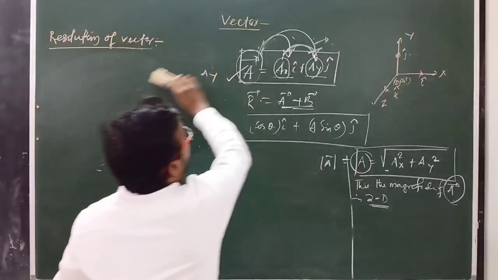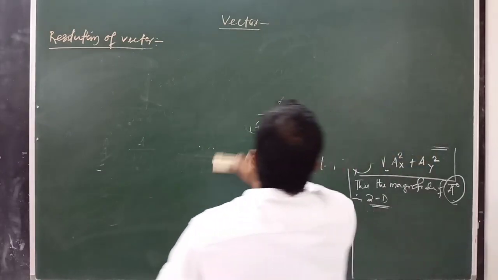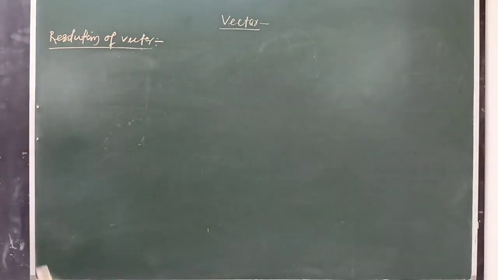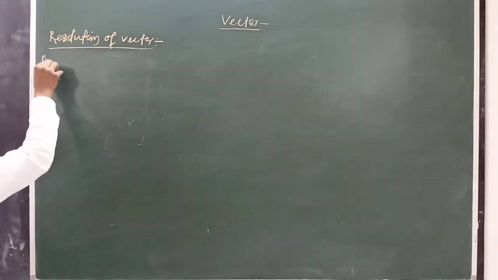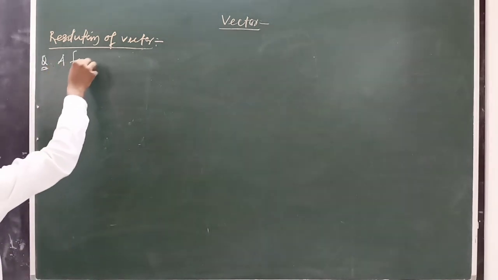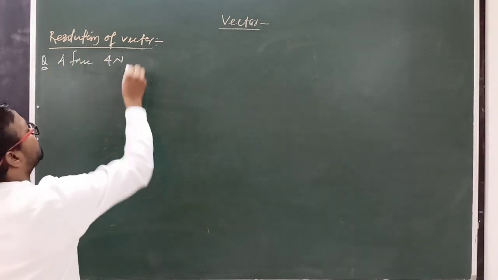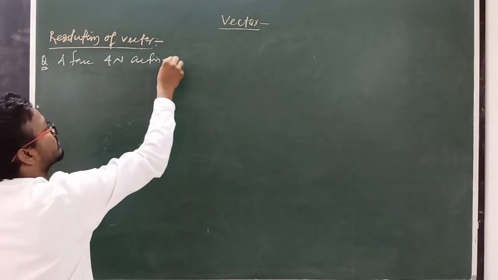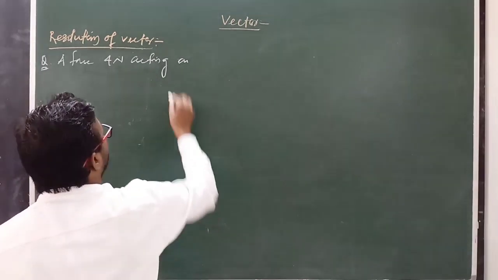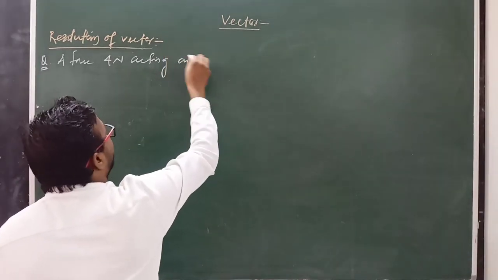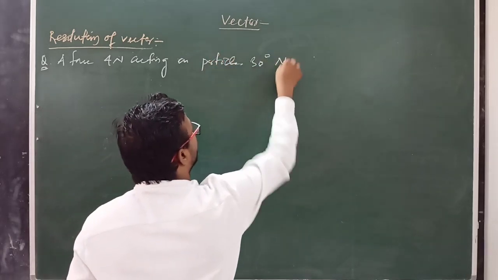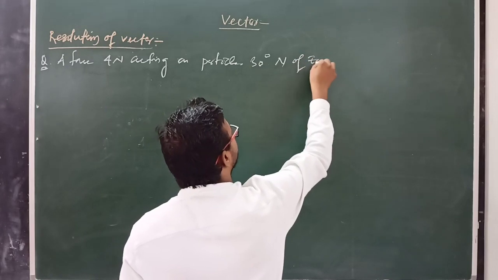Suppose we take another example regarding rectangular components of a vector. Suppose the question asks: a force of 4 Newton acting on a particle 30 degree north of east.